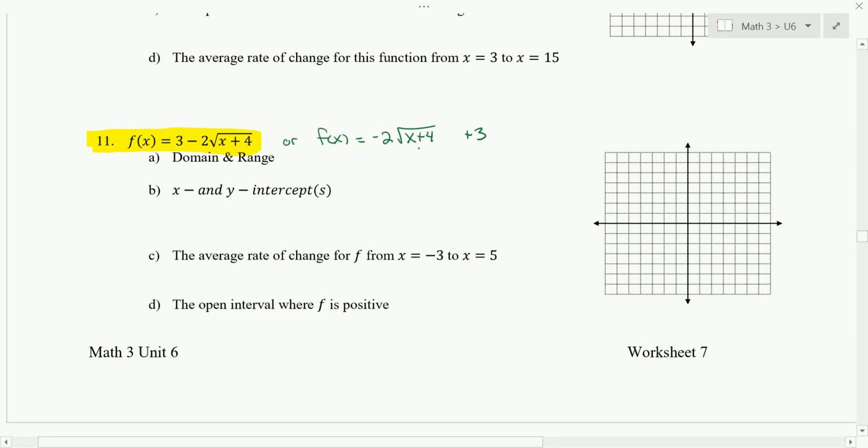The x plus 4 moves us left 4 units, and then that plus 3 up 3 units from 0, 0. So that's our starting place. Because there's a negative 2 in front, we know it's going to decrease from that point down and to the right.